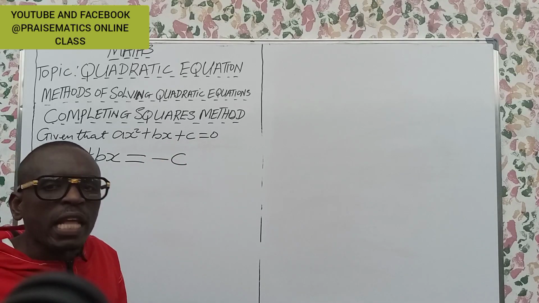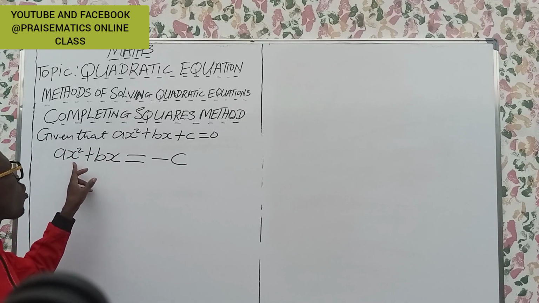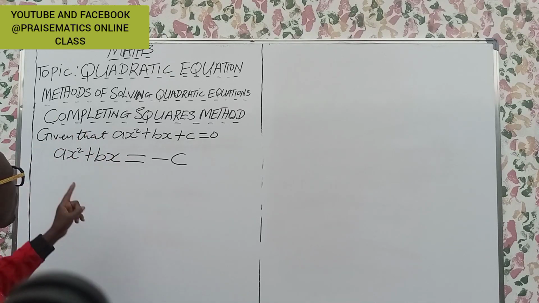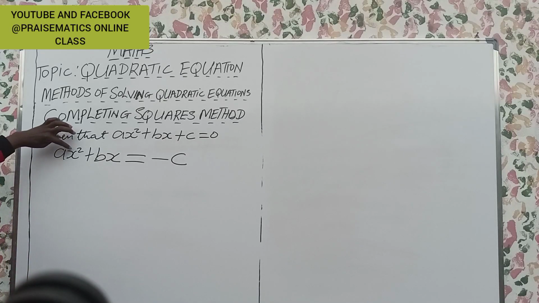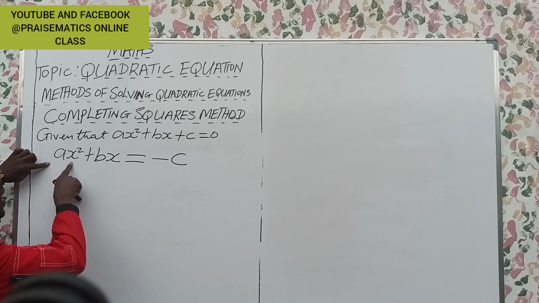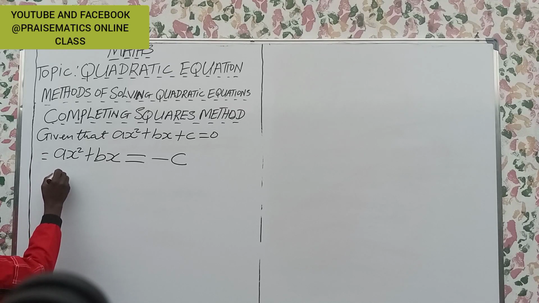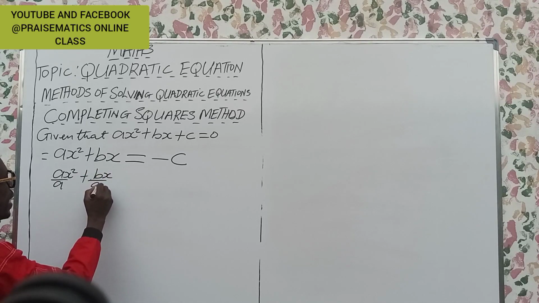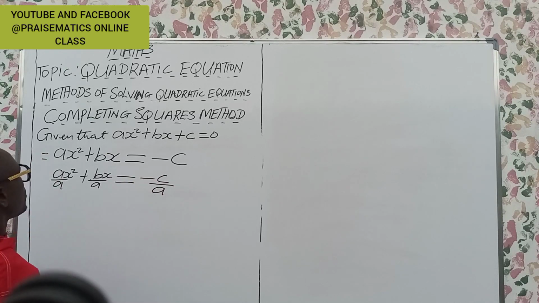Okay. Second step is this. Step 2. Divide through by the coefficient of x squared. Anything squared, any alphabet squared. Divide through by the coefficient of x squared. The coefficient of x squared here is a. So we are going to divide through by a. So what do we have? ax squared divided by a plus bx divided by a is equal to minus c divided by a.